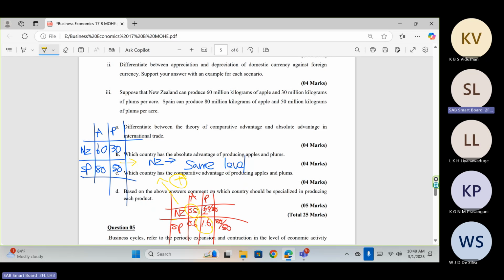Considering the comparative advantage, both countries can go for terms of trade, TOT, because each country is specialized in producing two products. Then New Zealand should produce apples and export them to Spain, and Spain should specialize in producing plums and export them.